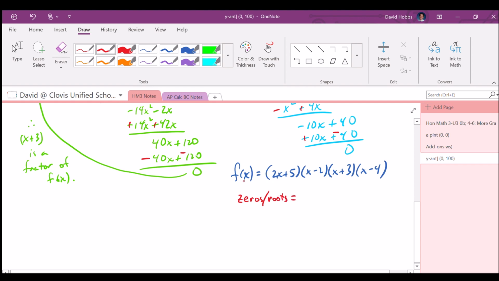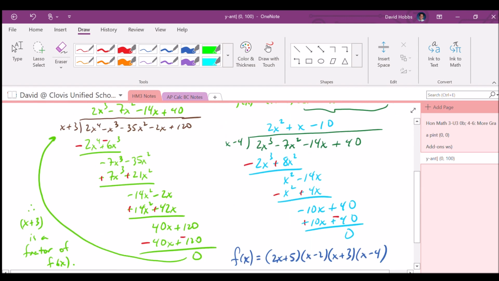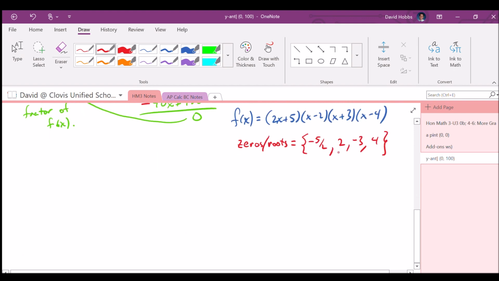If I set 2x plus 5 equal to 0, I get negative 5 halves. Then I get 2, then negative 3, and positive 4. So I have 4 roots, 4 zeros. My degree was 4, so that's all of them. And it just so happens that they're all different and all real, so I have 4 x-intercepts as well.